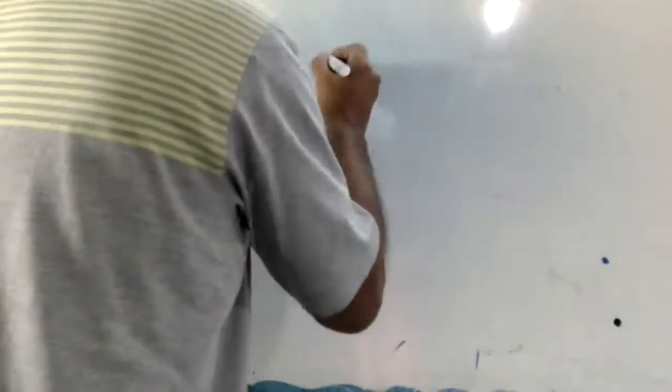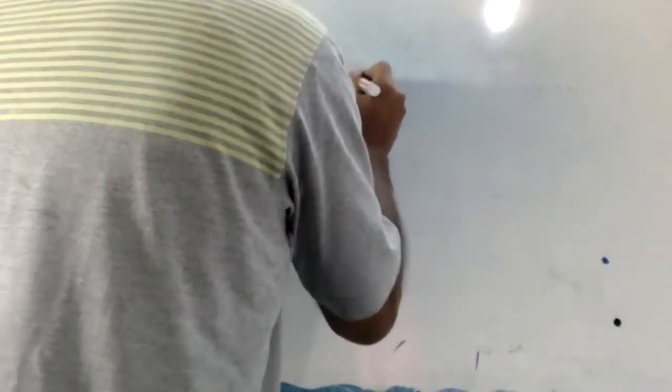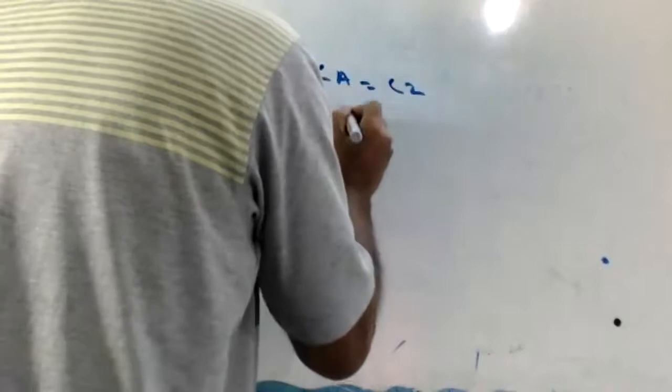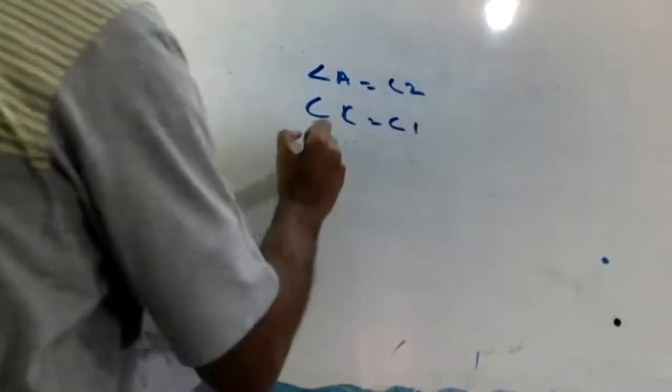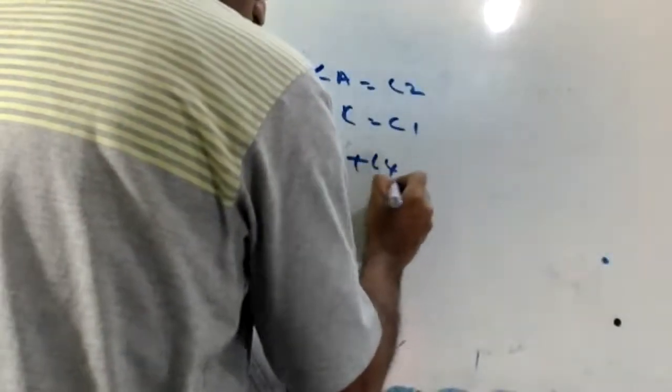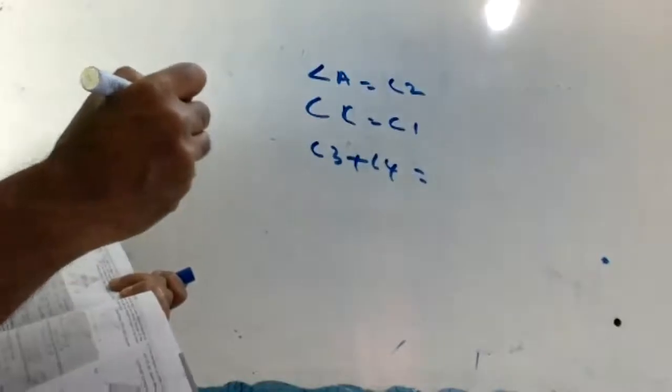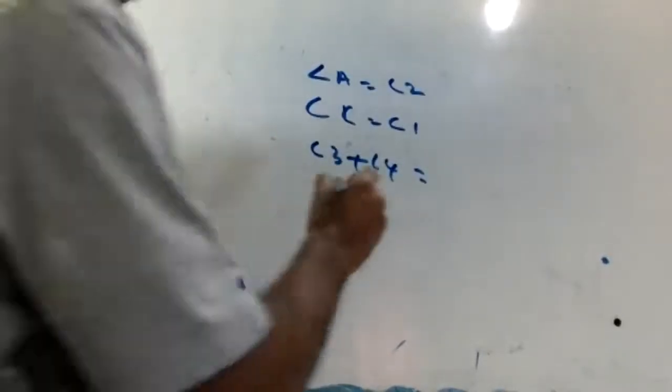Then angle A equal to angle 2, angle C equal to angle 1. Prove that angle 3 plus angle 4 equal to angle 1 plus angle 2.